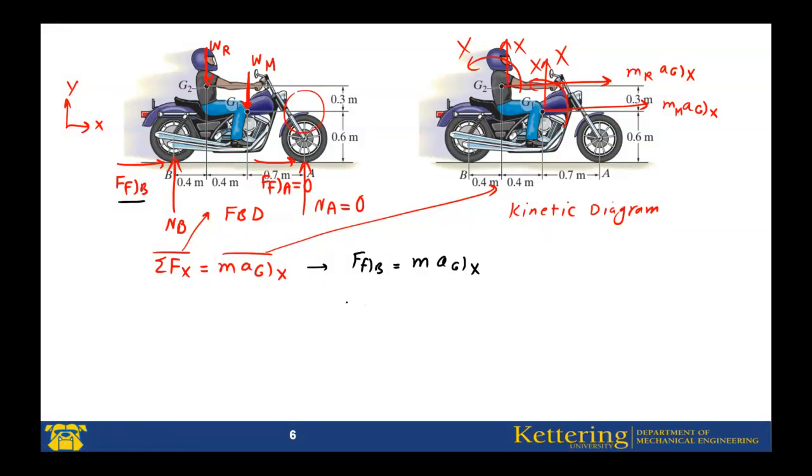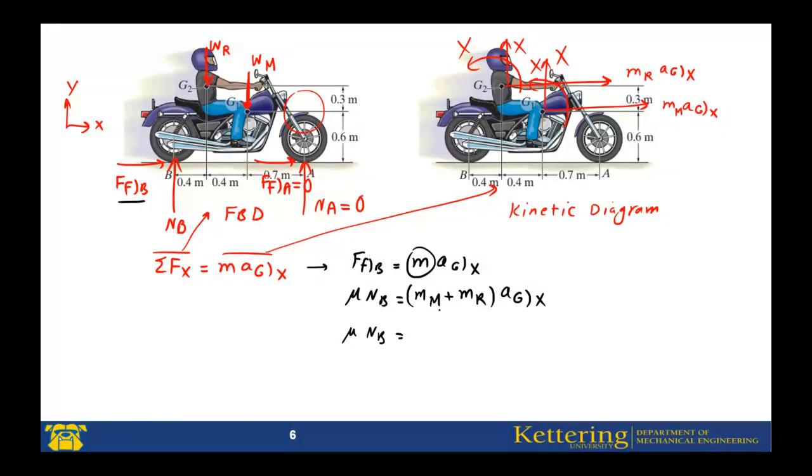Or this one, it is equal to mu times the normal force of B. And for this one, I consider the rider and the motorcycle as one rigid body, and I put M as the summation of the mass of the rider and the mass of the motorcycle. Now, if you put in whatever I have from this equation, we do not have mu.